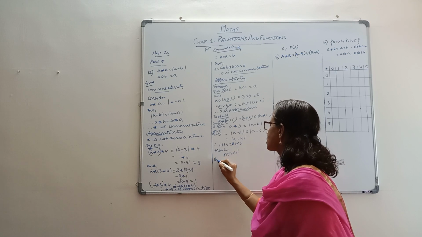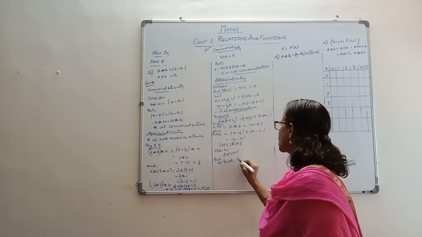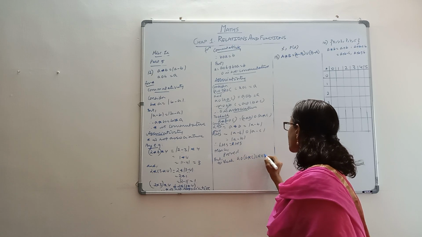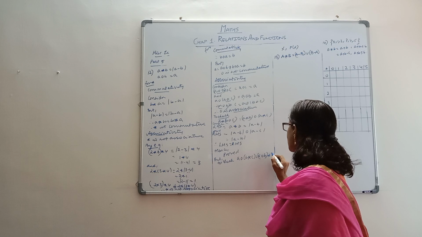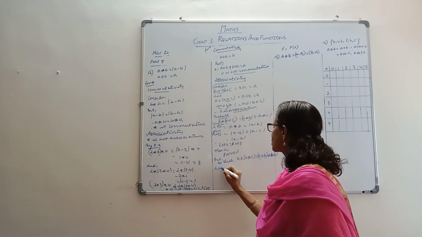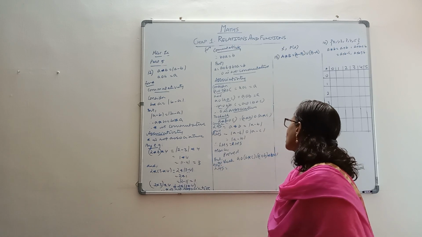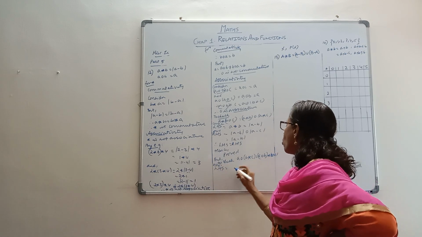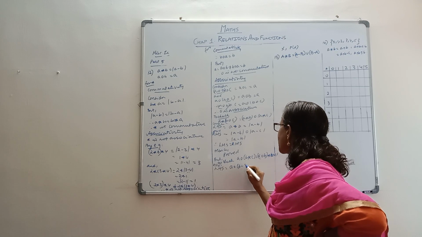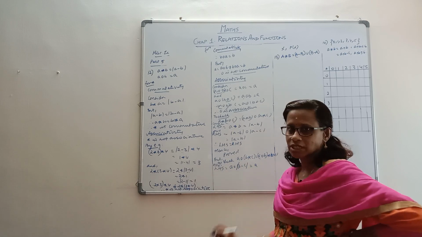But to check (A O B) star C is equal to (A star C) O (B star C)... let's consider the LHS. A O B star C, because it's put in the bracket, it will be A O B first, and anything with O is going to be A, the first element.